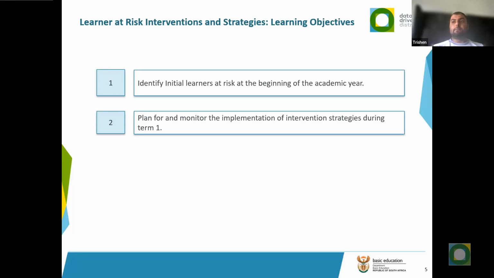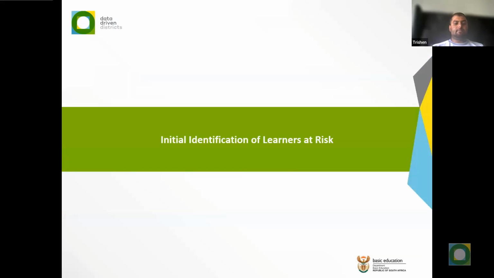Because the important thing is to, number 1, identify those learners, and number 2, identify the exact challenge that we are experiencing with those learners in whatever subject or combinations of subjects they may not be meeting the minimum requirements in. Okay, so who are our initial learners at risk?